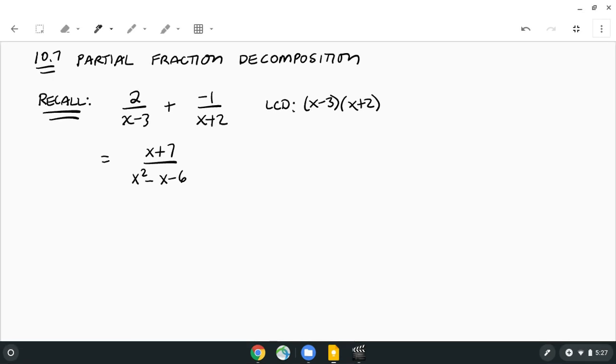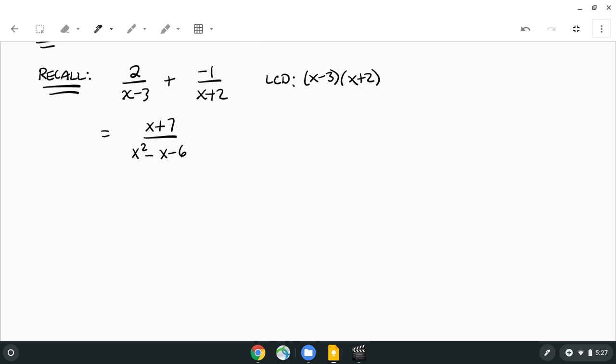So what we're doing now is actually going backwards. You will be given x plus 7 over x squared minus x minus 6, and you will need to find the fractions that you combined to get this answer.